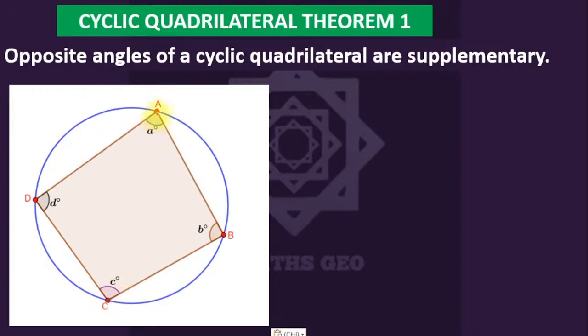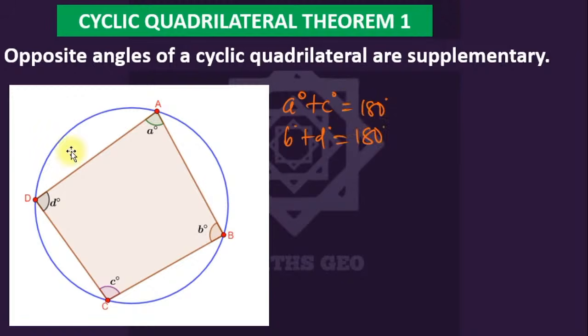Vertex A is opposite vertex C, while vertex D is opposite vertex B. So the theorem is telling us that angle A plus angle C must sum to 180, while angle B and angle D must sum to 180.